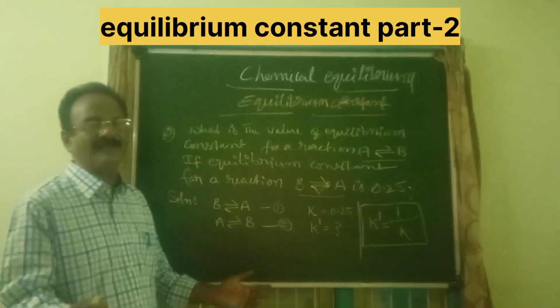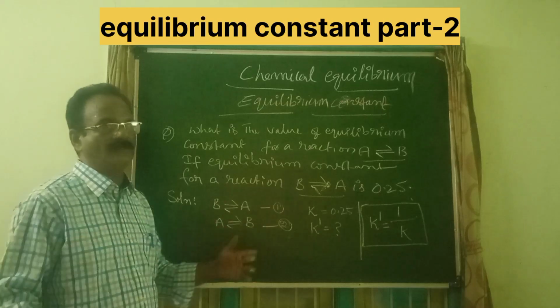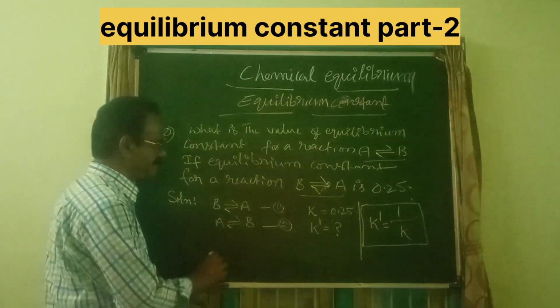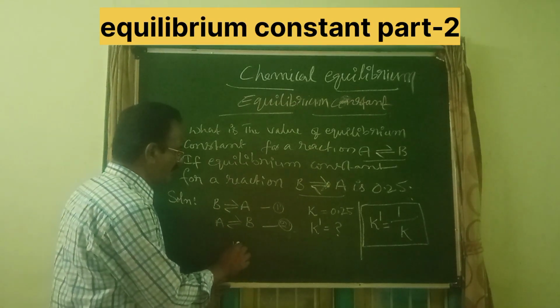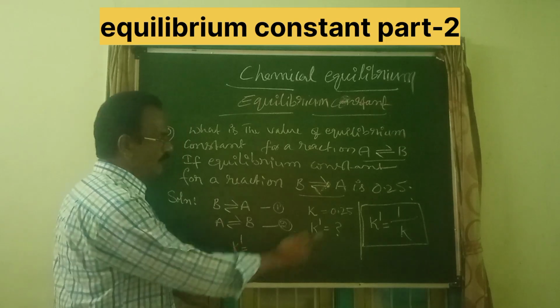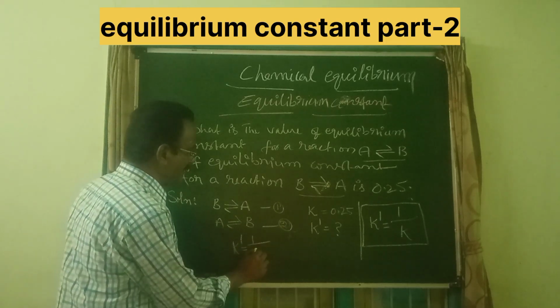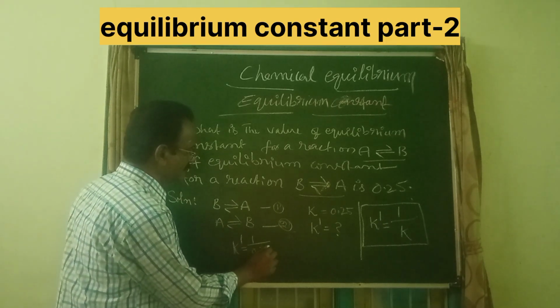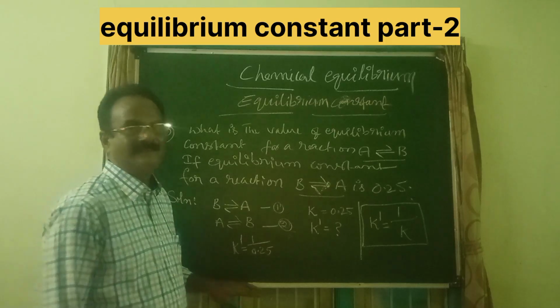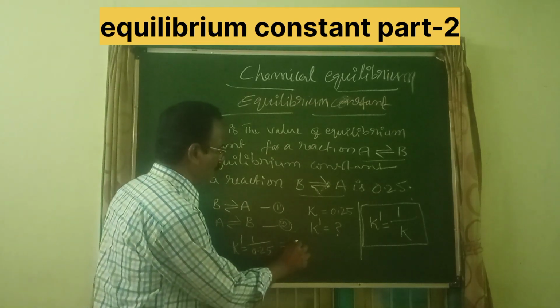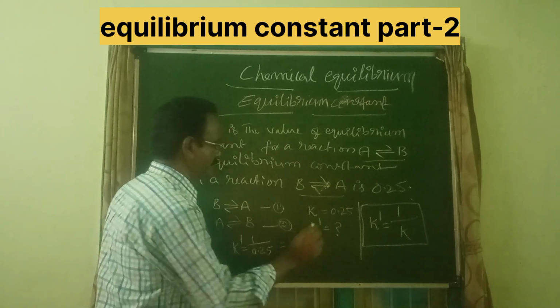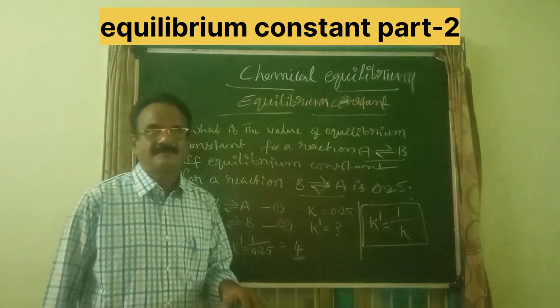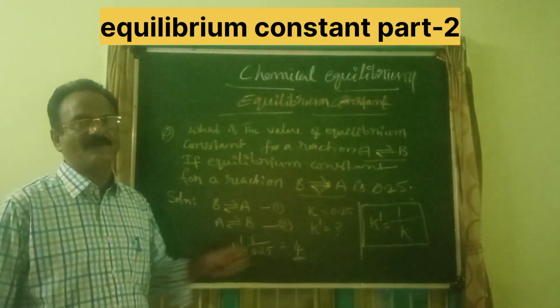You can easily find the new equilibrium constant. Let us see. K dash is equal to 1 by K. As we know that K is 0.25, then K dash is equal to 4. So this is the way to solve such type of problems.